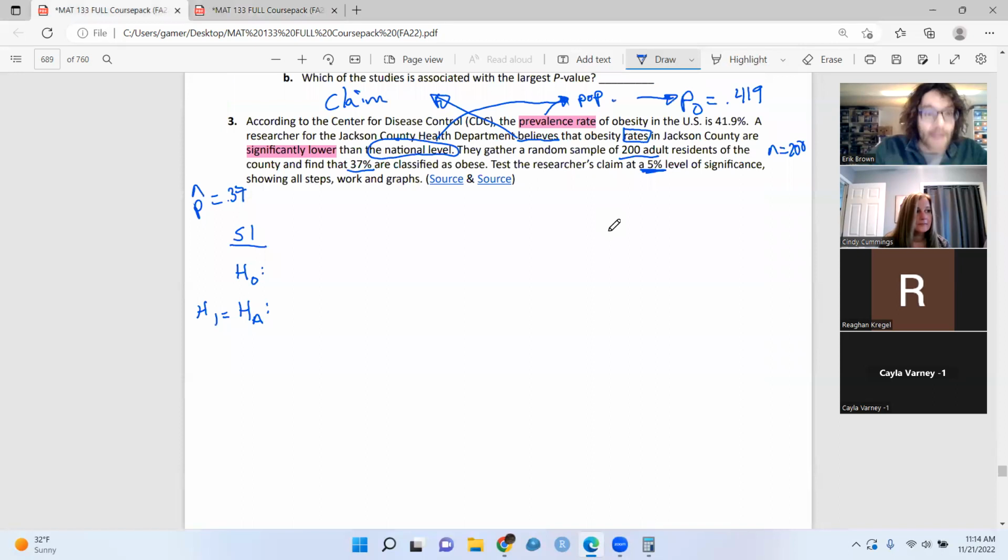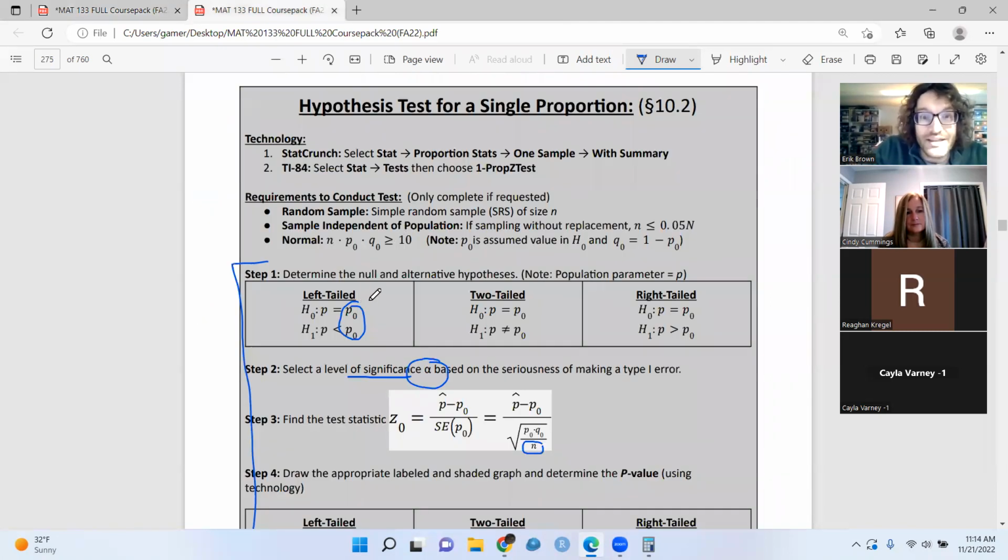It doesn't matter. Okay, so because we know it's a proportion, we're going to have a statement of P equals, and then a statement of P, and we don't know, and then we have to have the number. Remember, our value here is the assumed population parameter. Now, it feels like there's a typo here, because this P should be P naught, because that's what these P naughts are. They're the assumed value of the parameter.